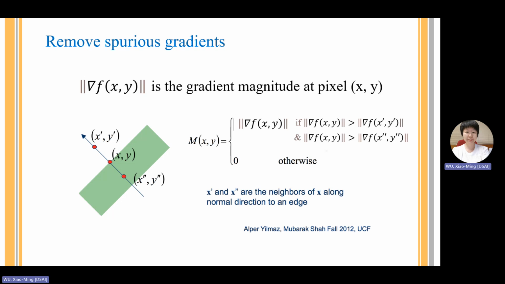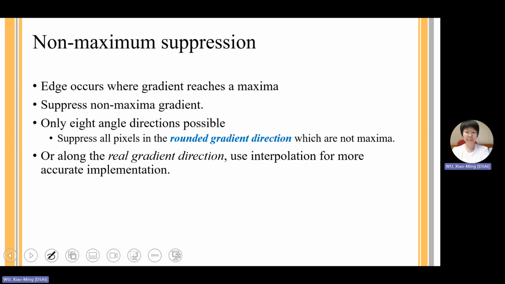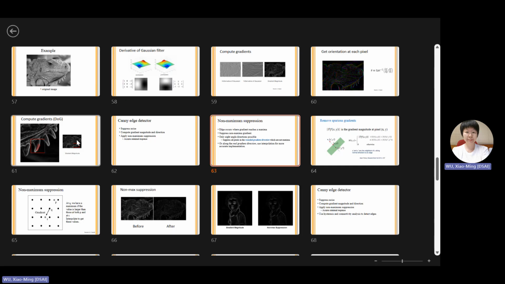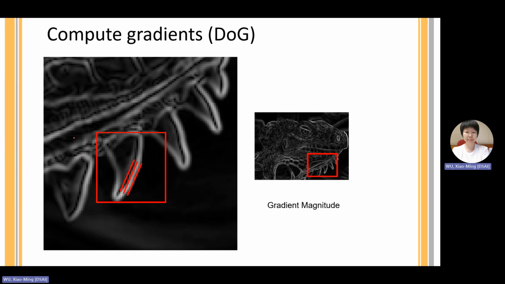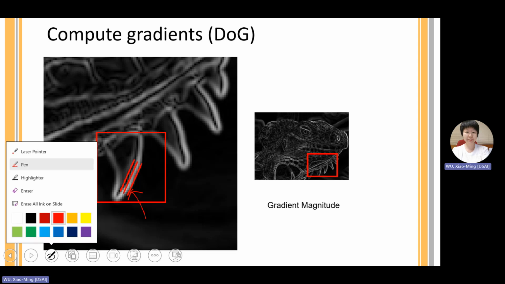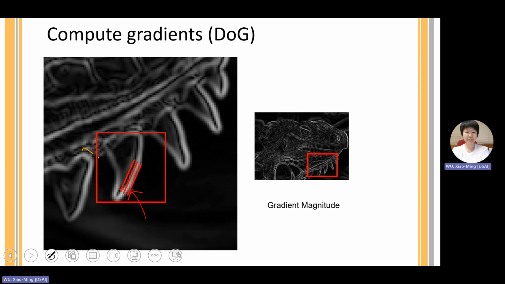Clear? So how can we remove redundant gradients? Well, first of all, you should note there are three edges here, because this is the gradient direction.